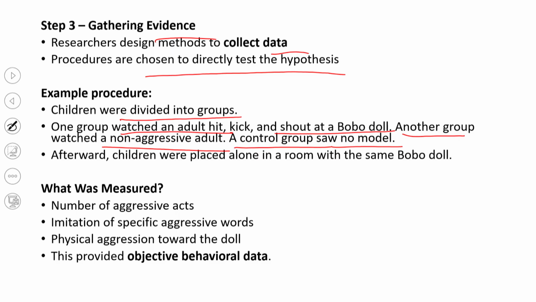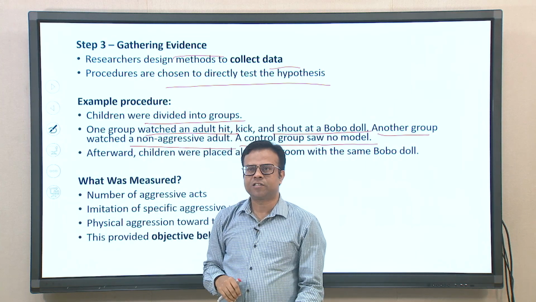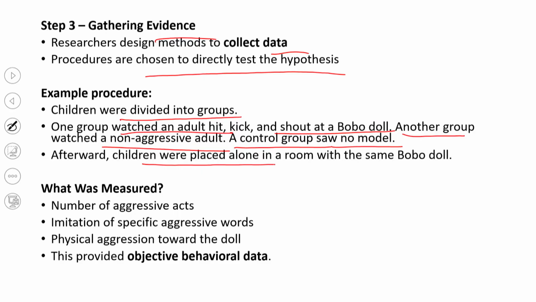So, one group sees aggressive behavior, another sees no aggression, and the third group was just a control group. Afterwards, they placed children alone in a room with the same Bobo doll. The control group had no model behaving in any particular way.